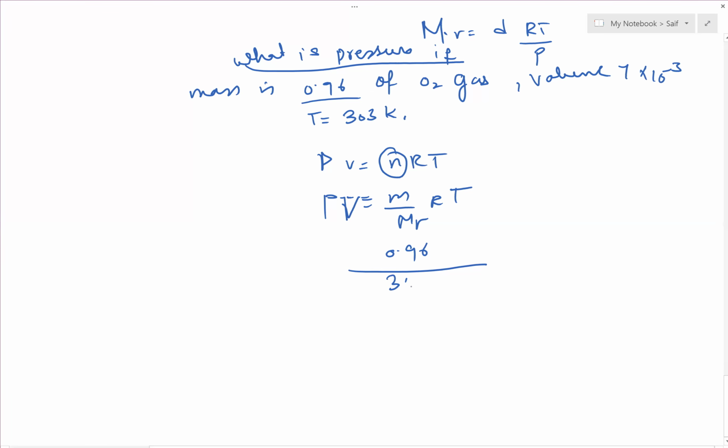The R value you have to learn, which I have already told you, is 8.31. Temperature is given, which is 303. Now we have to find pressure. That means volume is also going to come down to 10 raised to power 3. Getting it? So now you are going to find it out and tell me the answer.